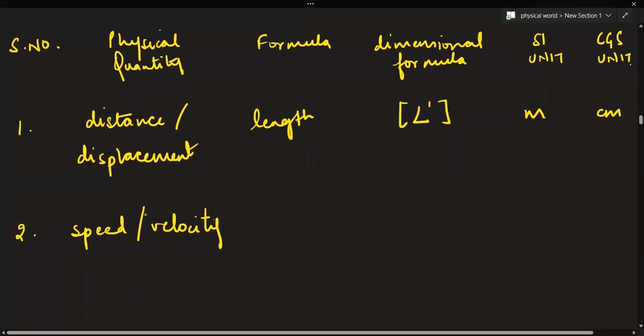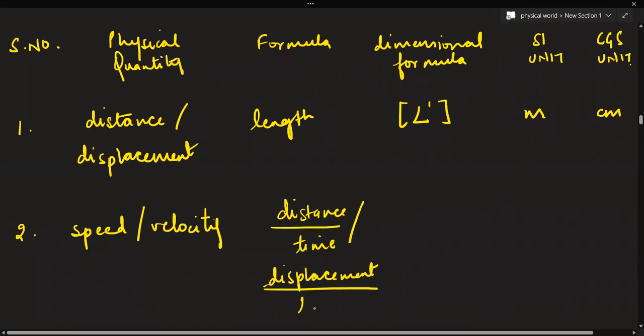So the formula of speed is what? This is basically distance divided by time. Or for velocity, you also have displacement by time. This is displacement divided by time.